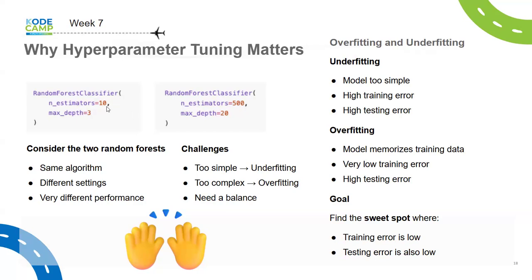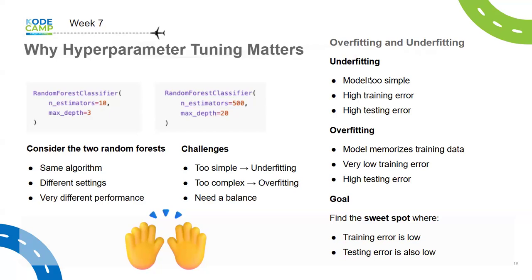So should I be manually trying them one by one? Which value should I even try? Should I try 10, 11, 12, 13? How can I try all of the possible numbers of estimators between 10 and 500? How about max depth? So these are the questions that you have to figure out.